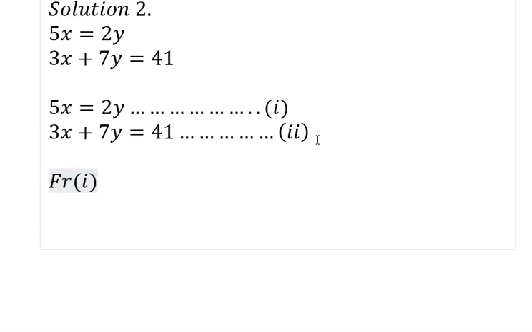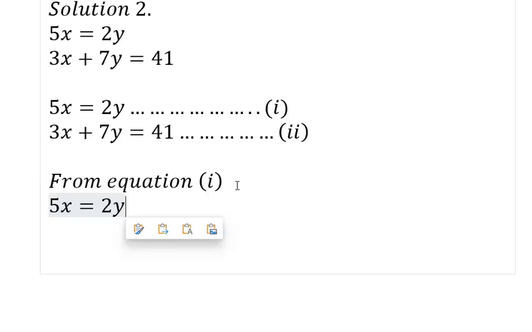So let's say from equation 1, this is equation 1. Awesome. So you can just make y or x the subject of the formula, you still get the same answer. But let's start with x.